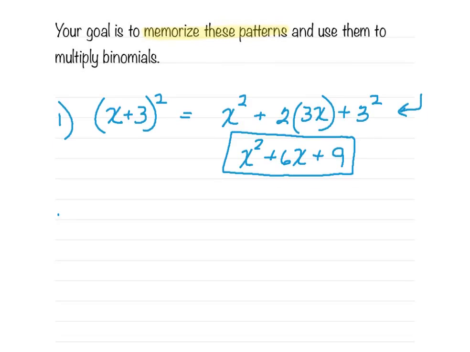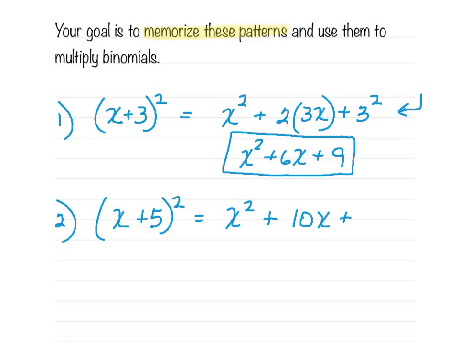Okay, let's do that now. Number 2. Let's try this one. X plus 5 squared. So here I have the first term squared, and I'm going to add double the product of the 2 terms. So 5 times 2 is 10. That's 10x. And then I'm going to add the second term squared. That's going to be 25.